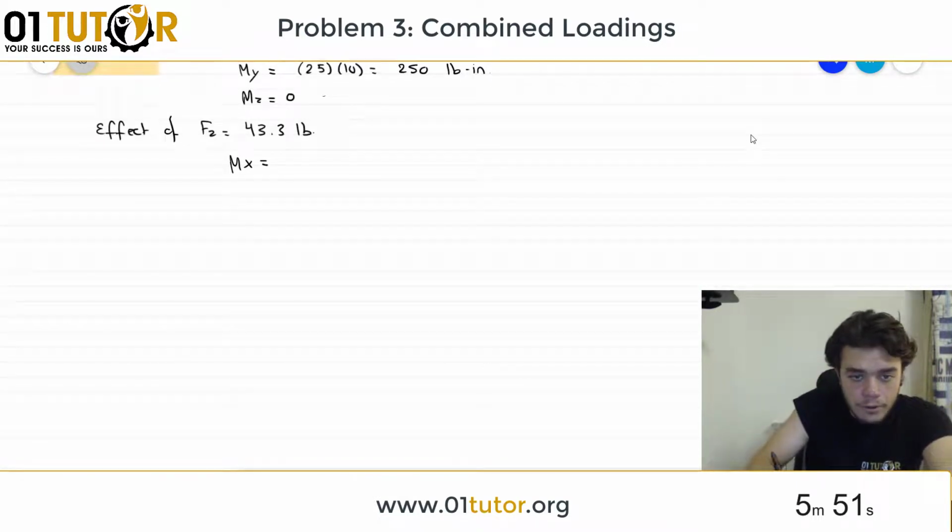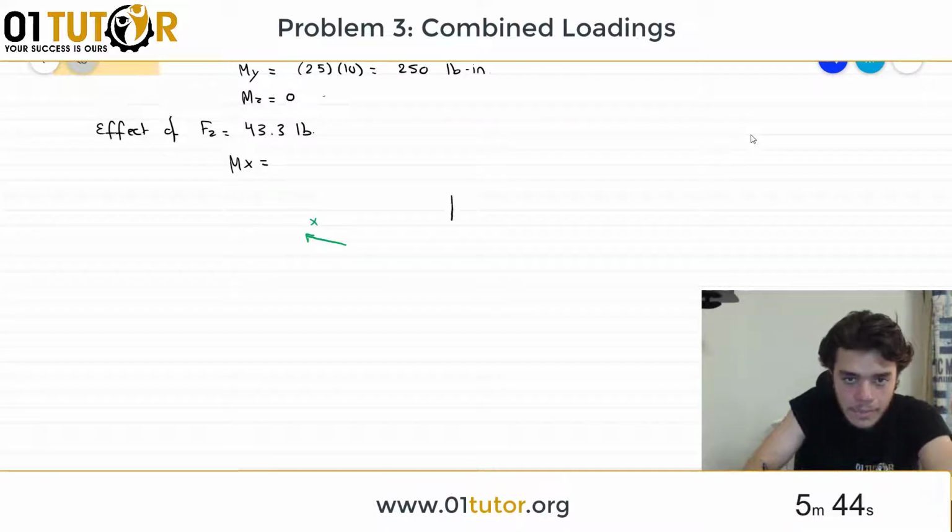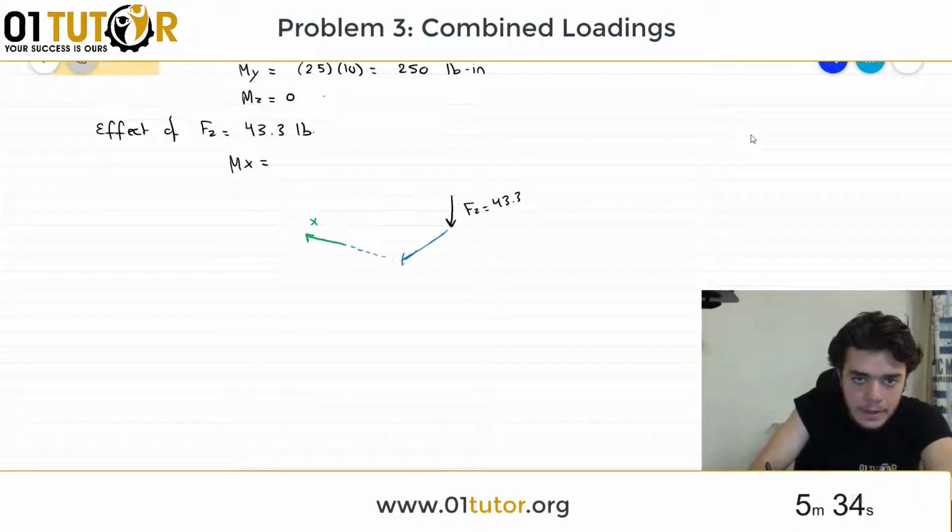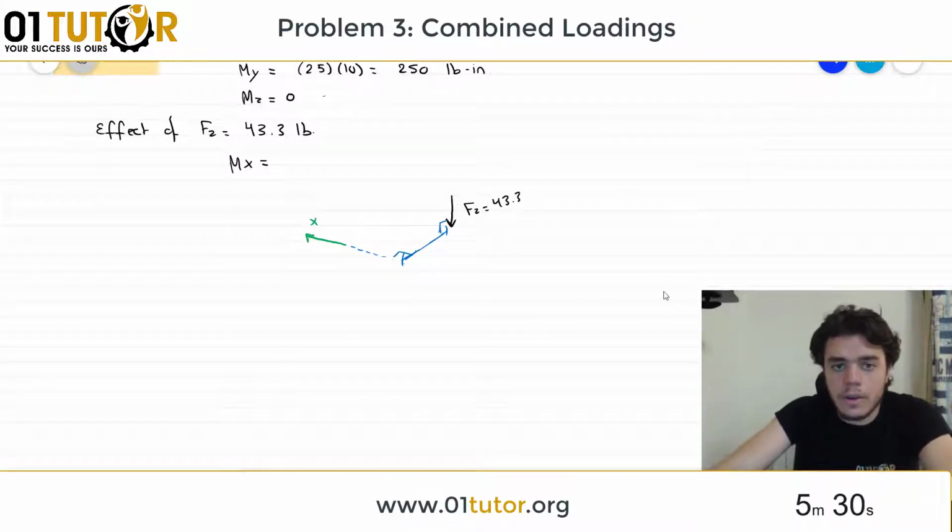So there is a rotation. This is the x-axis, and this is F2 equal to 43.3, and the perpendicular distance between them is this. If you continue the x-axis, this is the perpendicular distance, which is equal to what?